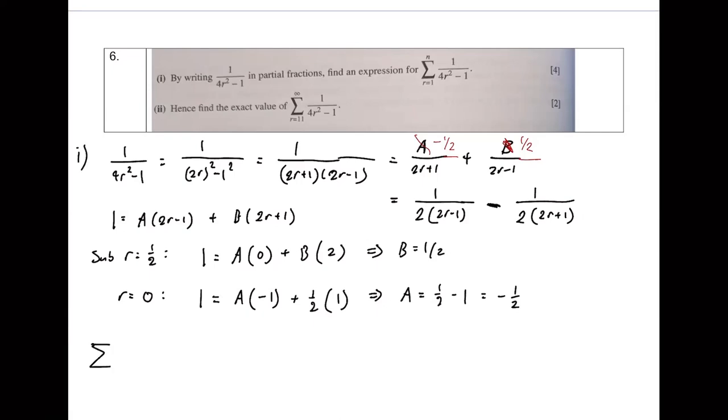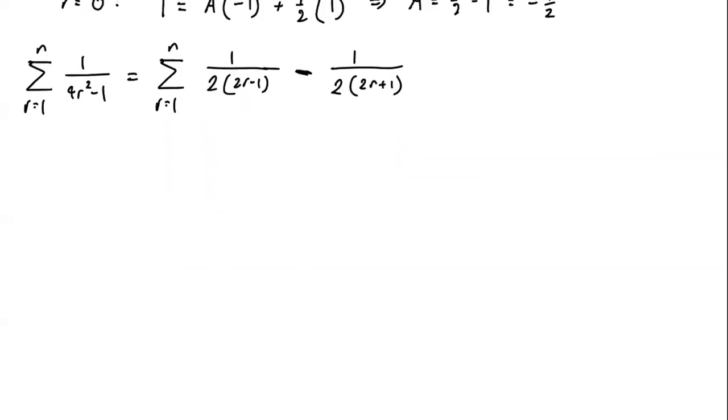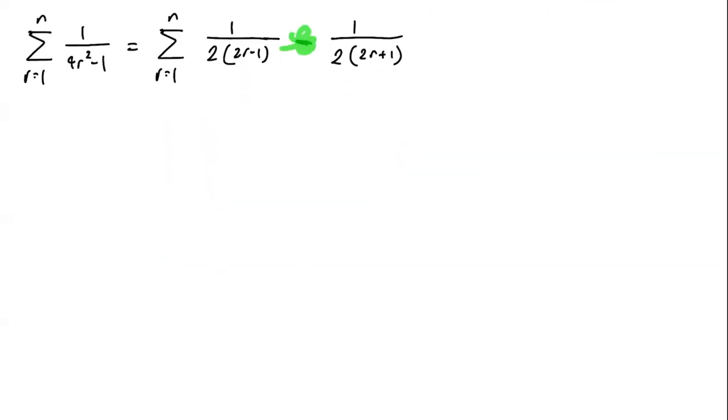Now we need to find an expression for the summation from r equals 1 to n of that expression. It will just be the exact same thing, but you replace the fraction there with the difference, 1 over 2(2r minus 1) minus 1 over 2(2r plus 1). So again, you see a summation of a difference, minus sign. It means method of difference, MOD.